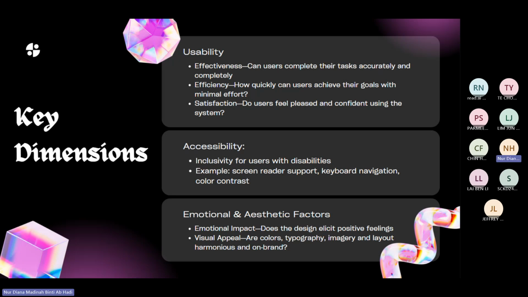When it's about effectiveness, you have to question yourself when you are done designing: can my user complete the tasks or activities accurately and completely? How quickly can they achieve the goals with minimal effort? Are they happy to use my system? Are they confident to use my system? These three questions you must ask before you release your design.